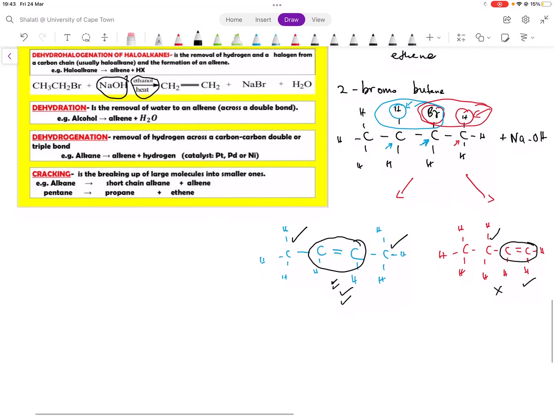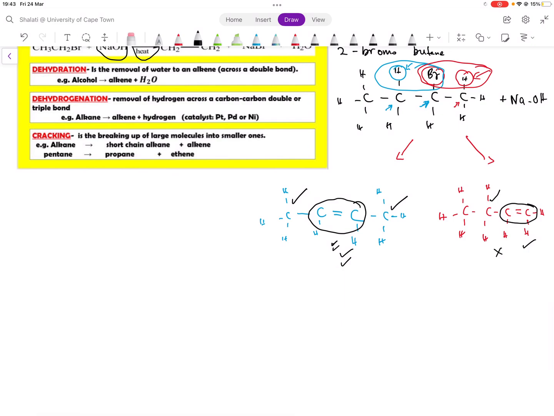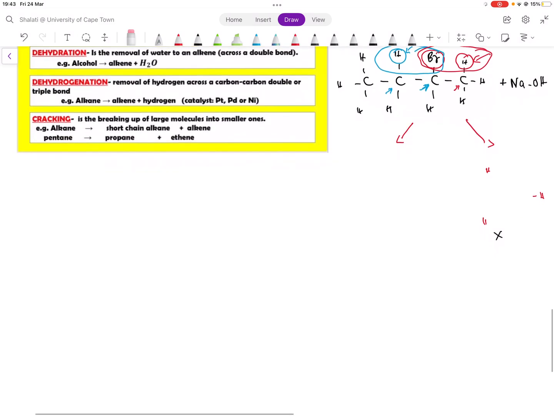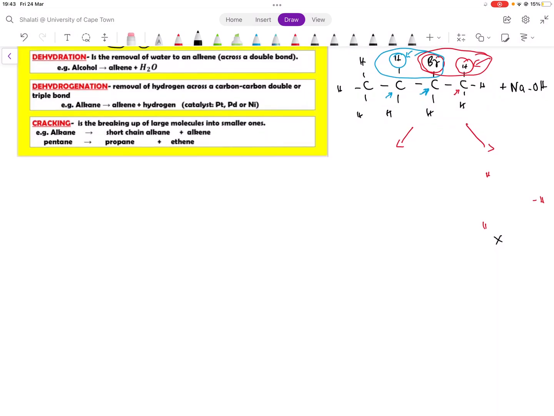Okay, so number 2, I'm just gonna remove this stuff here. I just need some space. So dehydration, so in this case we'll be removing a hydrogen and an OH.